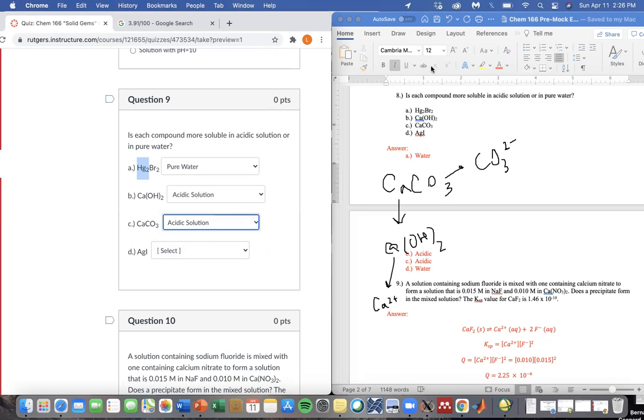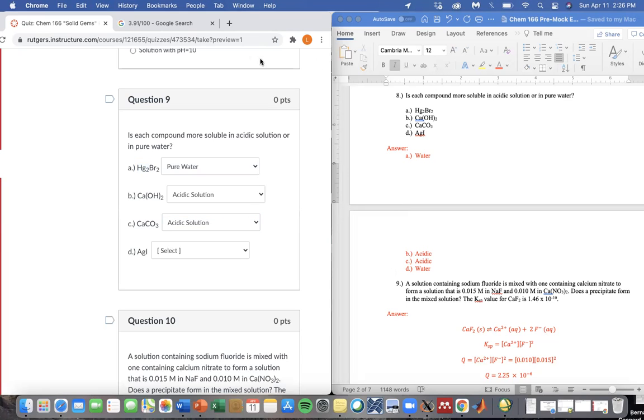And then AgI is the same concept as the first one here. So let me clear. It's the same concept as the first one here, because for AgI, you'd have I as part of HI, which is a strong acid. I minus would just act like a spectator, or wouldn't change pH or do anything, that would just be a neutral ion.